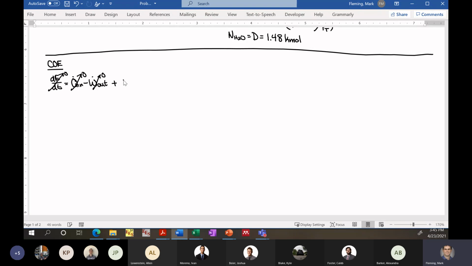What we're left with is the sum of all of the molar flow rates of the reactants coming in times the enthalpy of the state minus the enthalpy of the reference point plus the enthalpy of formation. This is done on the reactant side. We can then subtract off the number of moles on the product side, times the enthalpy of the product side, so H minus H ref, plus the enthalpy of formation.